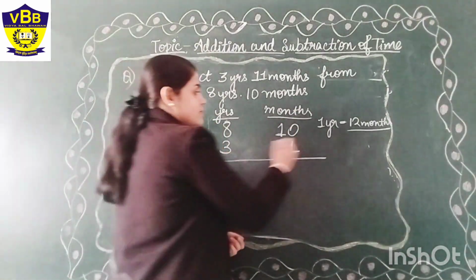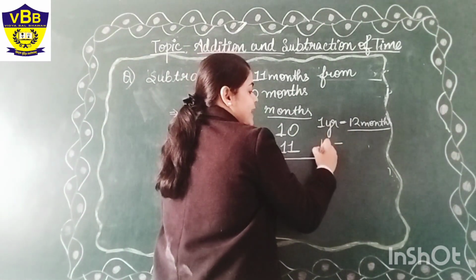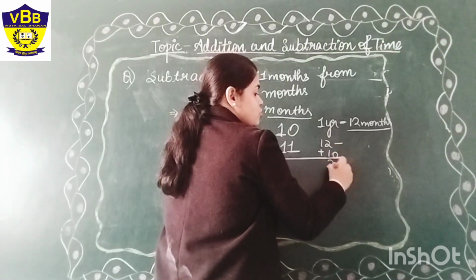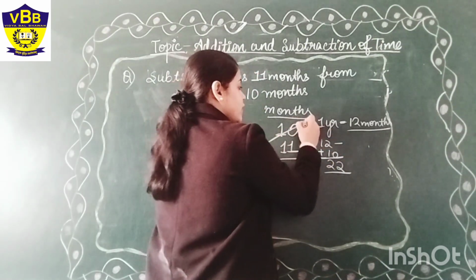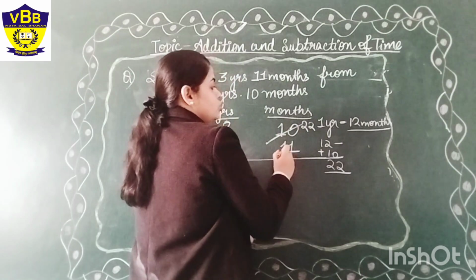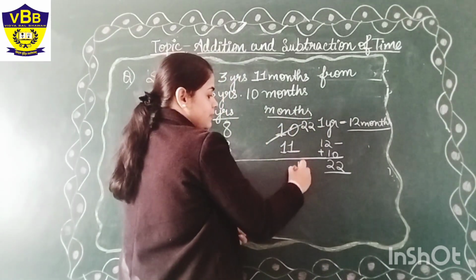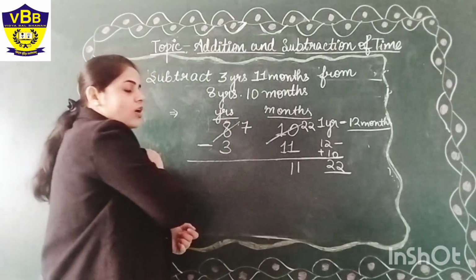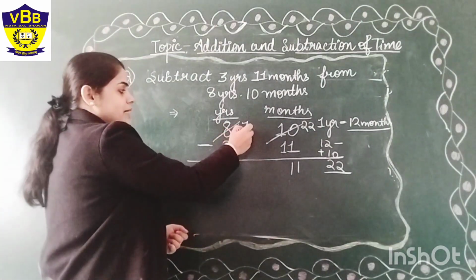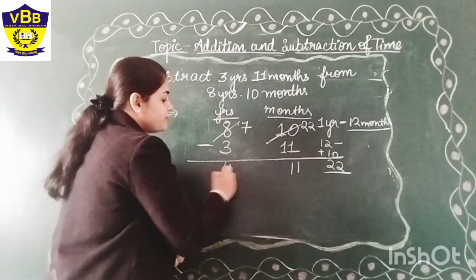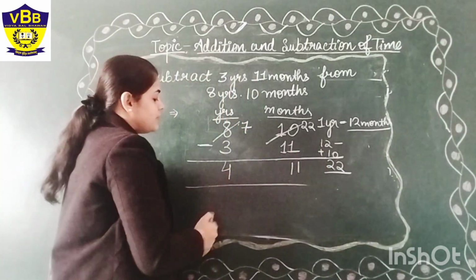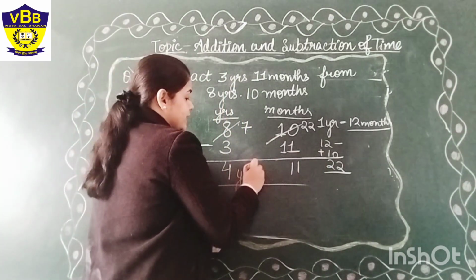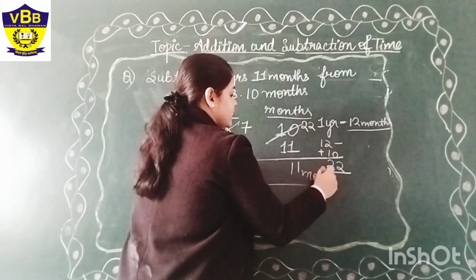It is 12 months, so 12 plus 10 actually becomes 22 months. 22 minus 11 will be 11 months. And 1 year we have already carried forward, so it will become 7 minus 3, which is 4. So my final answer will be 4 years and 11 months.